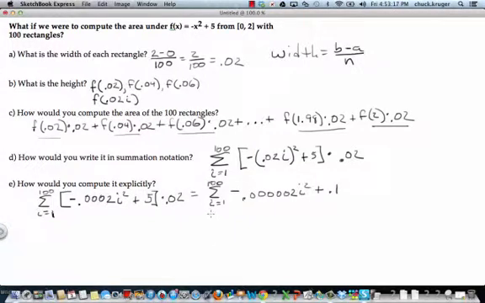Now I'm going to split this into a negative 0.00012345 summation i equals 1 to 100 of i squared, plus the summation i equals 1 to 100 of 0.1.